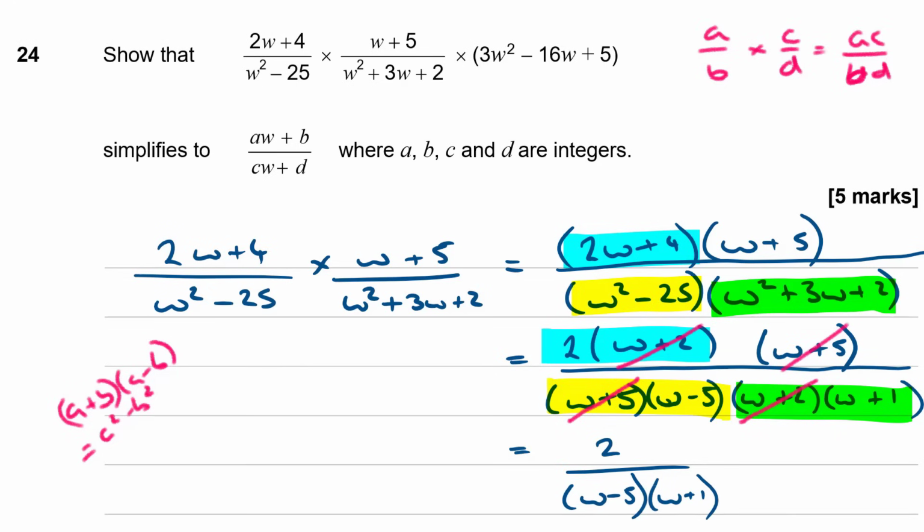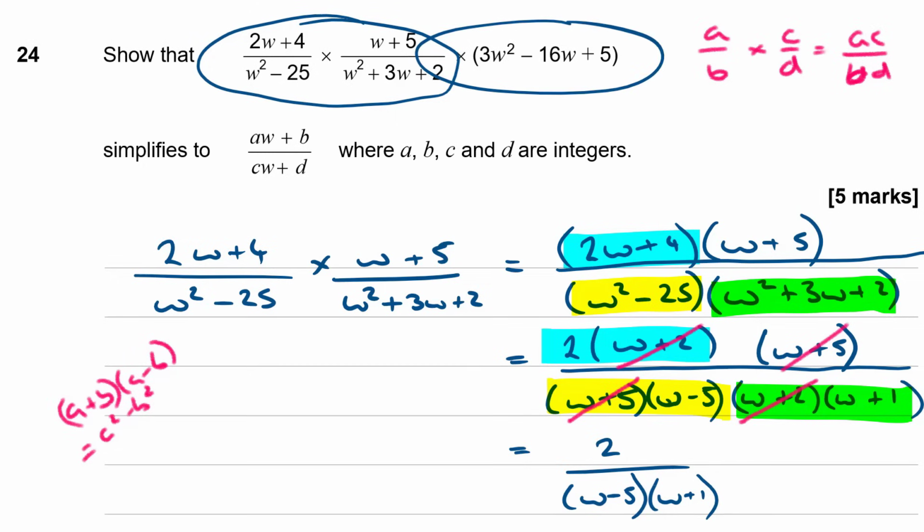Okay? So what we've done so far is we've multiplied these two things together. Now we still need to multiply that expression with this other bit on the end here. So that's the bit we're going to do next.